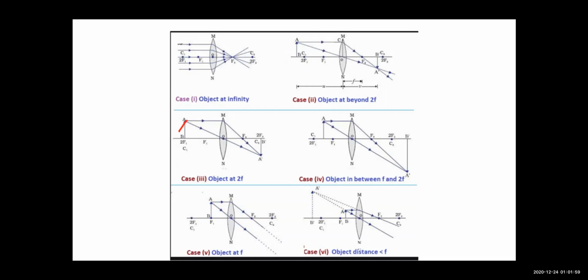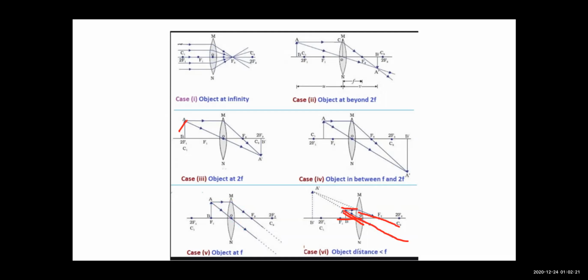So let's see this case. Now the object has shifted from principal focus. It has come between the principal focus and the optical center O. So here you will see this is the ray parallel to the principal axis. After refraction, it is passing through focus. The second ray we are drawing through optical center O. Now they are not going to meet each other even if you extend them.